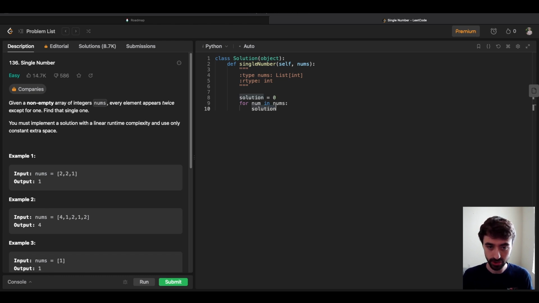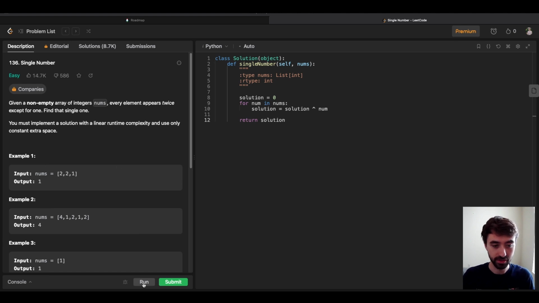And we can say solution equals solution XOR, which is caret, num. I think that's right. And then at the end, we just return solution.